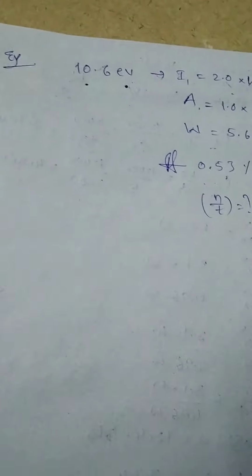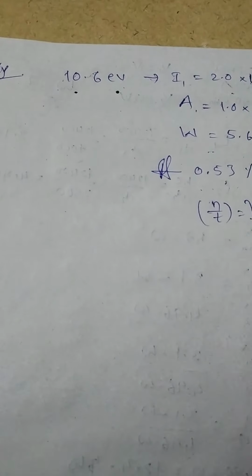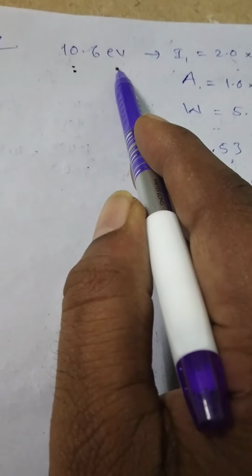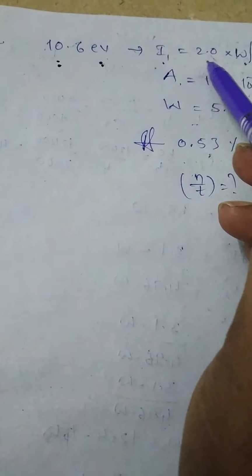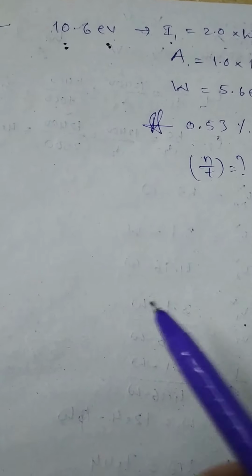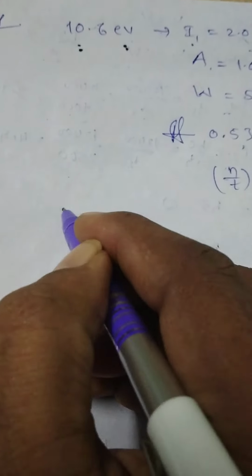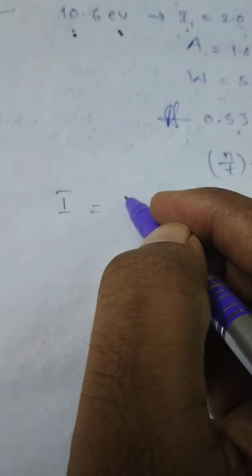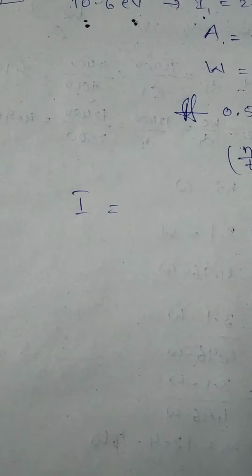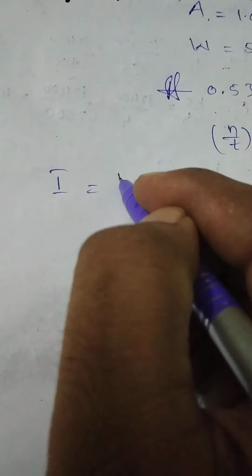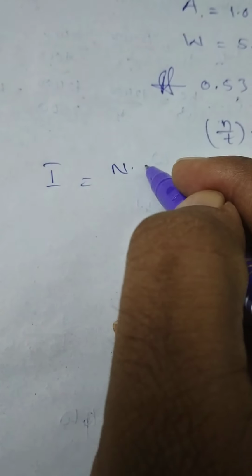Okay? So what is the given data? Total energy of the incident photon is equal to 10.6 electron volts. Also it is given the intensity of the incident radiation is equal to 2 watt per meter square. Again, you know, what is the value of intensity? Intensity is equal to energy incident per unit area in 1 second. Number of photons incident is equal to capital N in a time of t seconds.